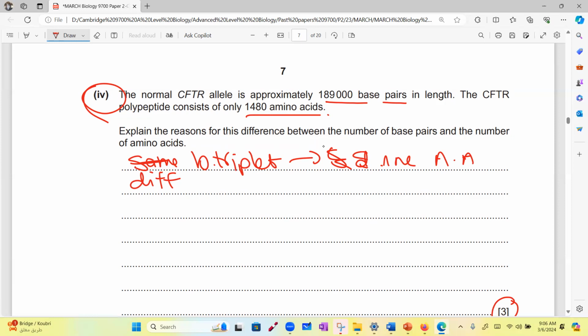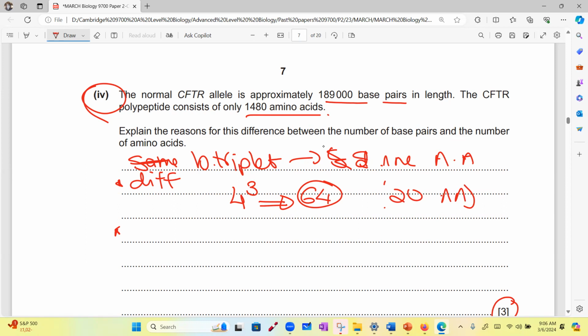Fine. What else? We have 4 bases with 3 possibilities, 3 different base triplets. We have a total of how many base triplets? 64. We have 64 possible base triplets, even though we only have 20 amino acids. Okay? So different base triplets can code for the same amino acid.